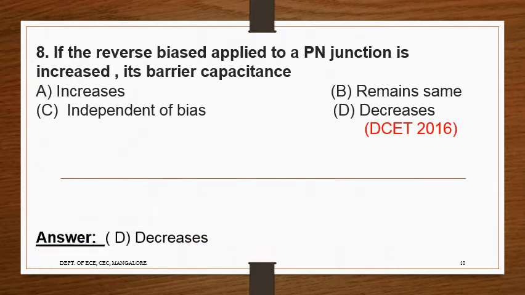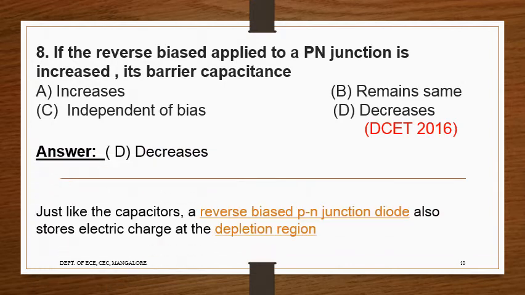The answer is decreases. Just like capacitors, the reverse biased PN junction diode also stores electric charge at the depletion region. So as the depletion region thickens in the reverse biased condition, the barrier capacitance should also decrease.